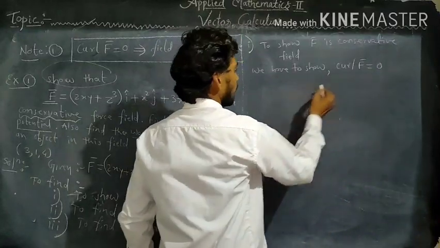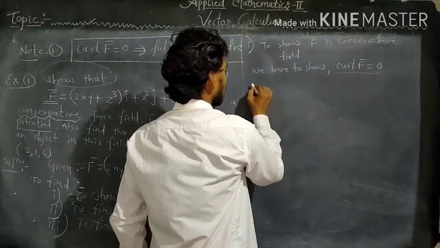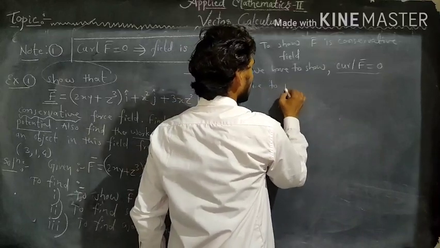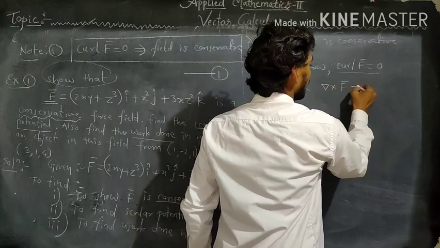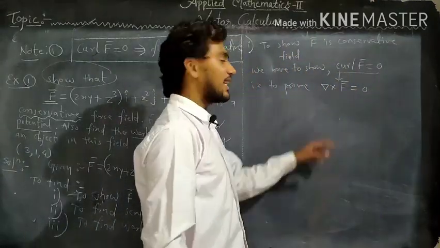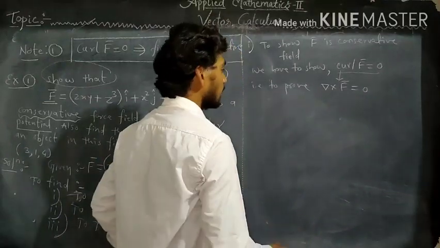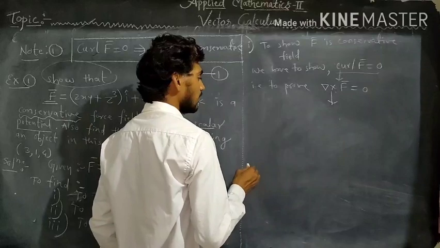So we have to prove del cross f equal to 0, because by definition curl of a vector f is del cross f. So let's start from the left hand side, del cross f.